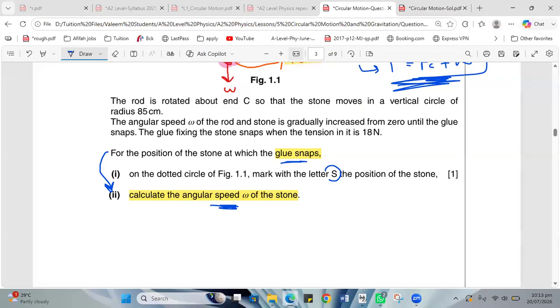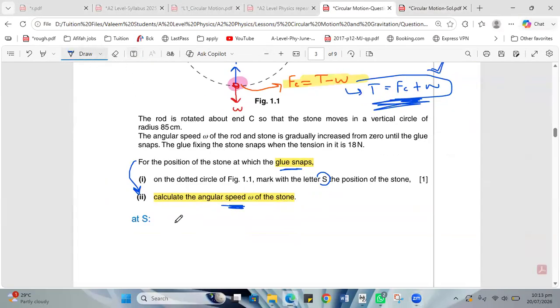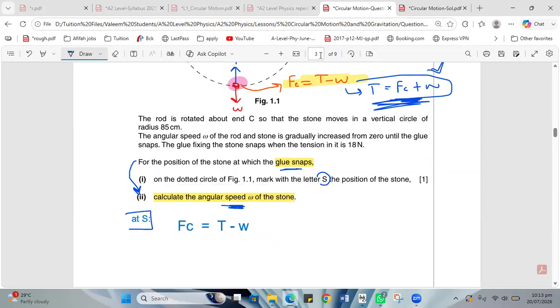So at S, I just constructed an equation. Centripetal force is equal to tension minus weight.